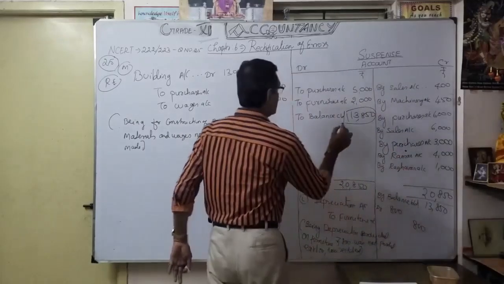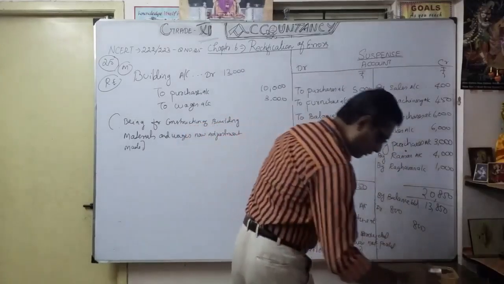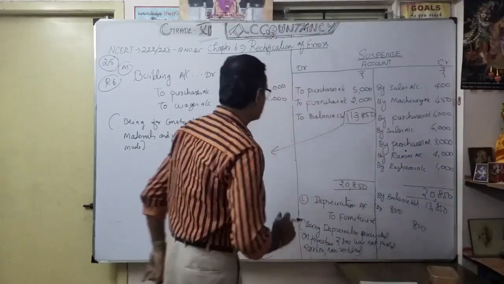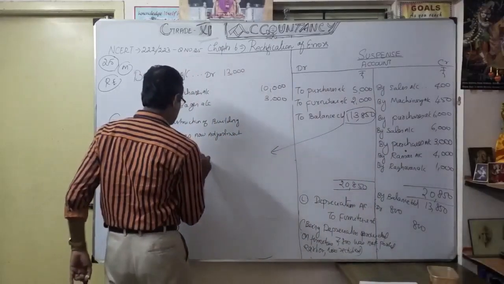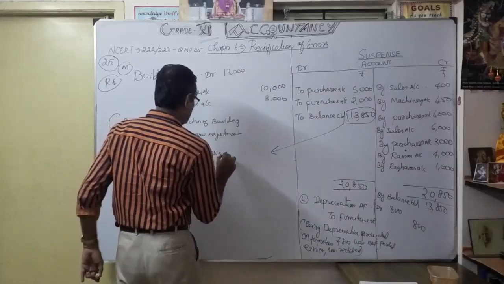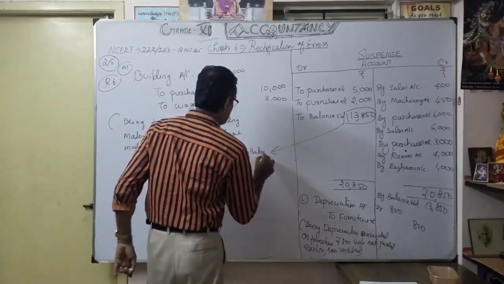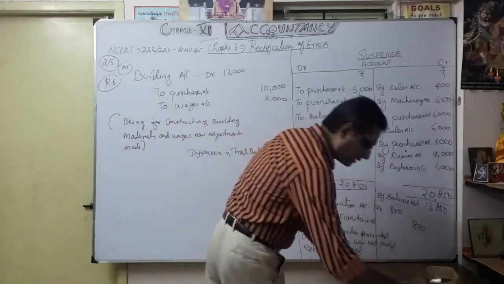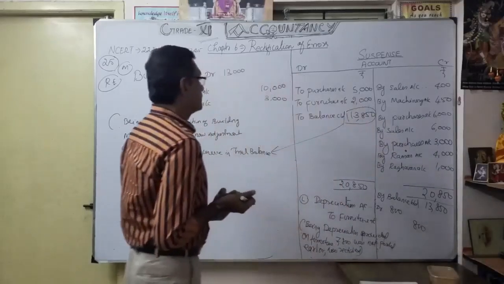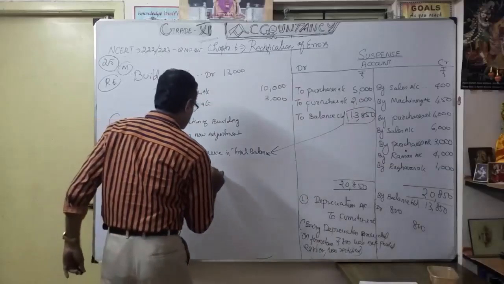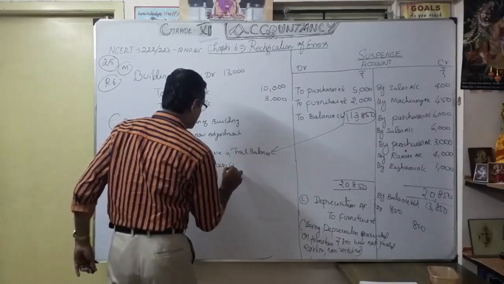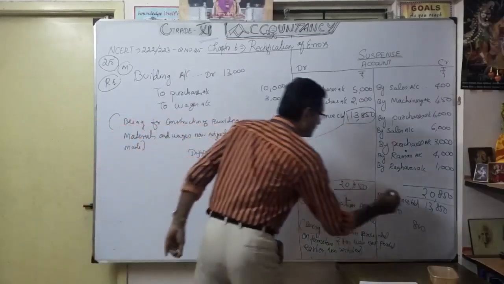13,850. So what is the meaning? You want to write difference in trial balance. Whatever the amount, it is excess credit, isn't it? Excess credit, because it is coming on this side.